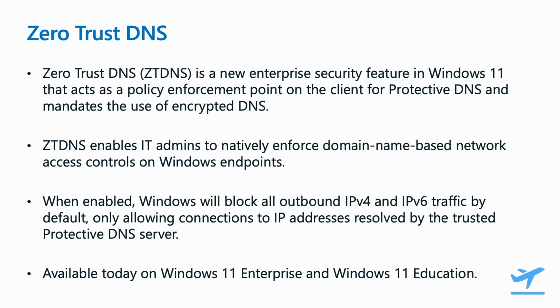When enabled, Windows will block all outbound IPv4 and IPv6 traffic by default, only allowing connections to IP addresses resolved by the trusted configured protective DNS server. This follows the Zero Trust principle of deny by default and allow by exception for a limited time. From a licensing perspective, Zero Trust DNS is included in your Windows 11 Enterprise and Windows 11 Education editions.